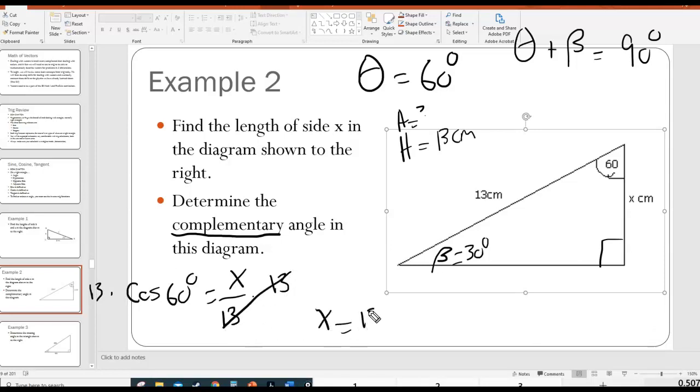I get x equals 13 times cosine of 60 degrees, which I believe should be 7.5 centimeters. Let me make a small correction there, sorry, 6.5 centimeters.